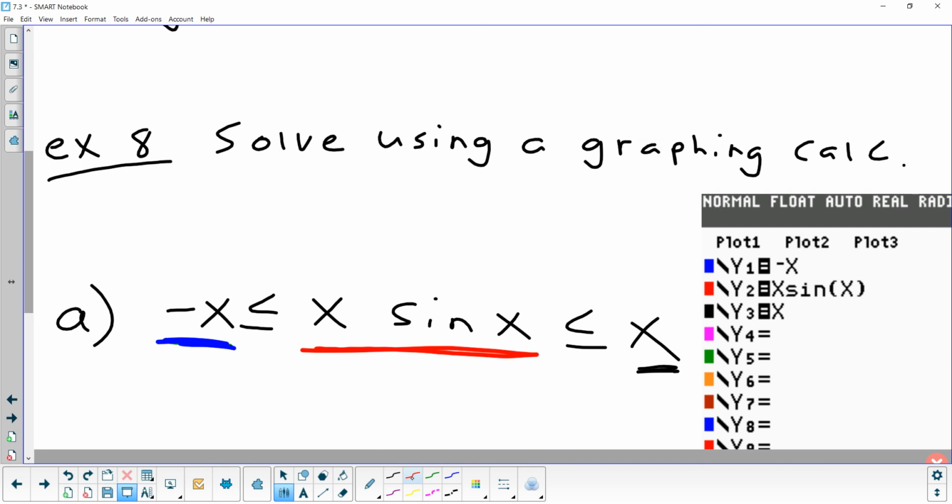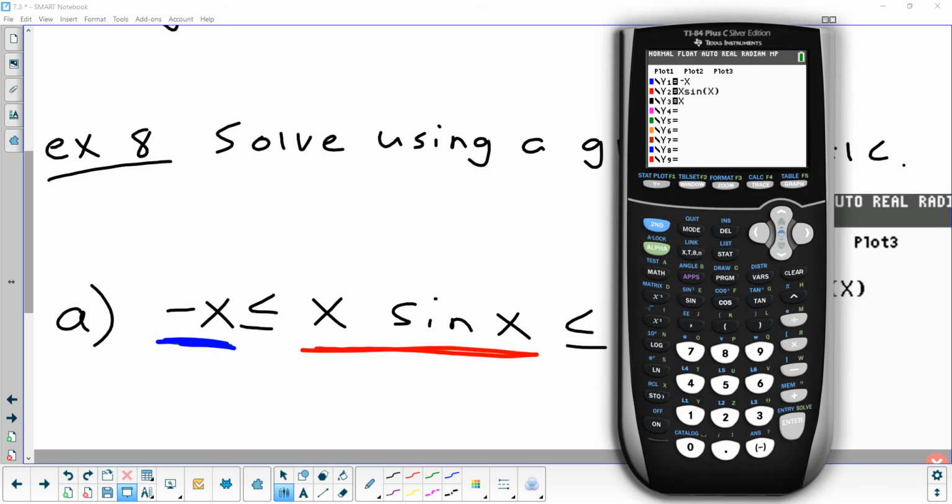That's what I'm trying to find. Above the blue, below the black. Okay, let's do the zoom 7 and see. So there's a line with a slope of -1. There's my trig function, which has a variable vertical stretch. And there's my other line with a slope of +1.